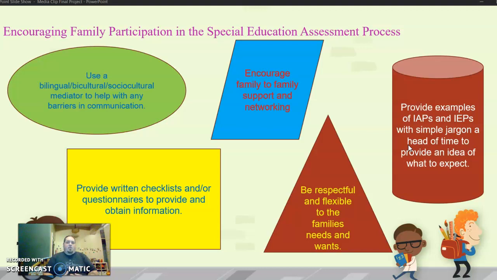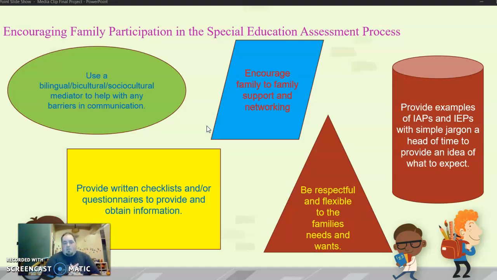So if there is a communication issue between the educators and the family, we can always use a bilingual, bicultural, social cultural mediator to help with any barriers of communication. We can also provide written checklists and questionnaires to the parents to gain information from them, and also to provide them information on the special education assessment process.